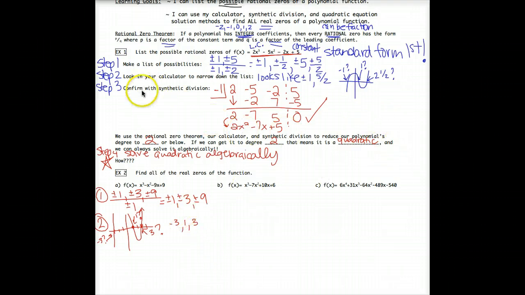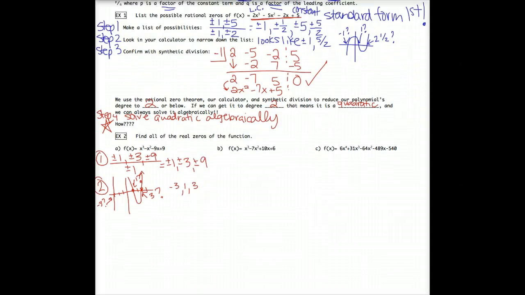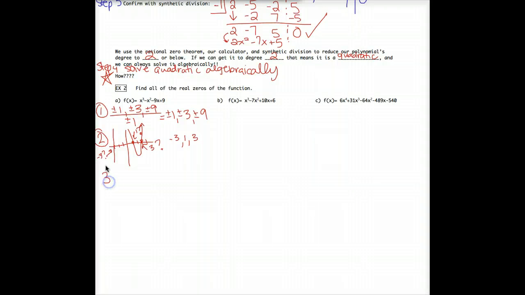Step 3, confirm one of those with synthetic division. It doesn't matter which one you choose. I'm just going to start on the left, so I'm going to start with my -3. Copy the coefficients of your original polynomial: 1x cubed, negative 1x squared, negative 9x, positive 9.